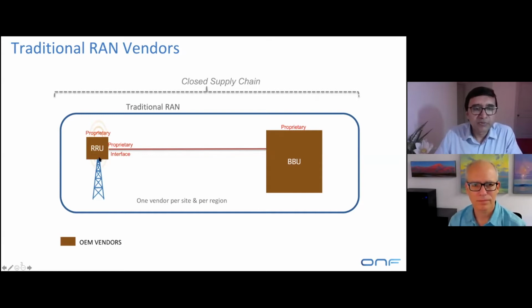Again, this is also proprietary hardware, and between these two, you have a proprietary interface. So the bottom line is that operators have to buy this, you can say, black box kind of solution in the market from their suppliers. And they don't have any flexibility in terms of choosing the hardware on which baseband software is running. Neither do they have a choice of selecting a radio vendor. Everything has to be purchased from one vendor, and that leads to all kinds of problems, which we'll talk about in the next slide.